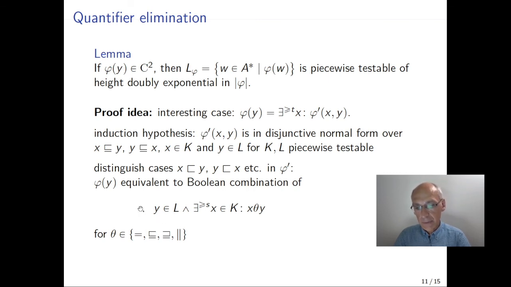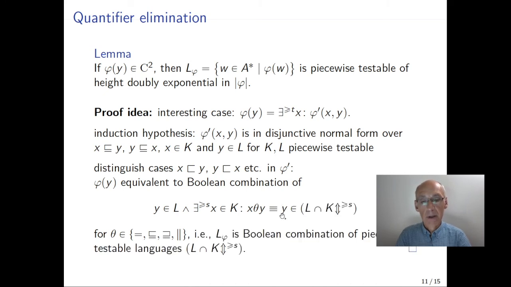Now, this formula says y belongs to L and y has at least as many superwords, subwords, or incomparable words in K. So in other words, this formula is equivalent to the formula y belongs to L intersected with the S-fold closure applied to K. In other words, L phi, the set of words satisfying phi, is a Boolean combination of such languages.